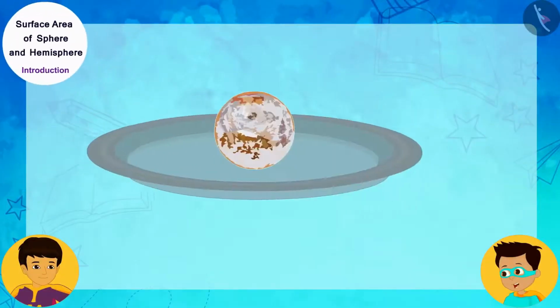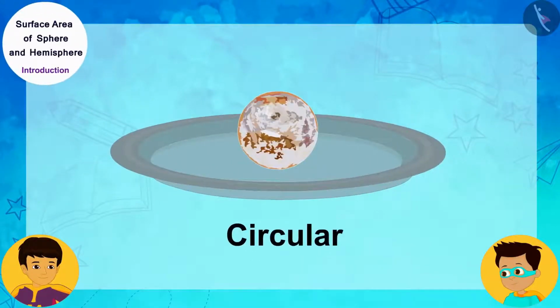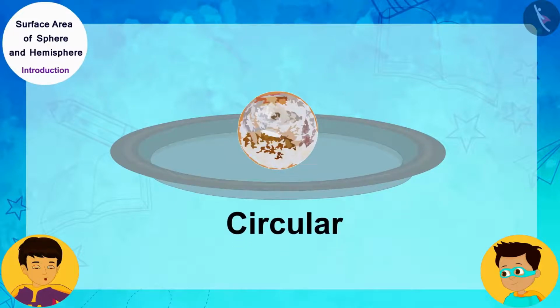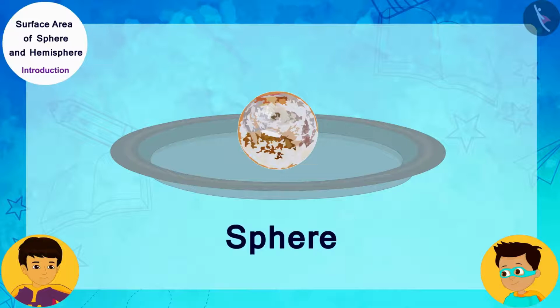Manas, this sweet is circular, isn't it? No, Thomas. This is a sphere. Now, what is this sphere?